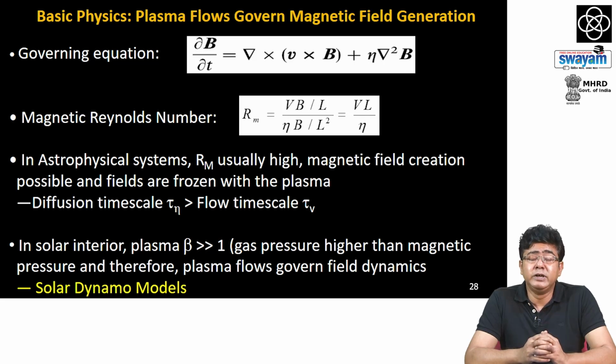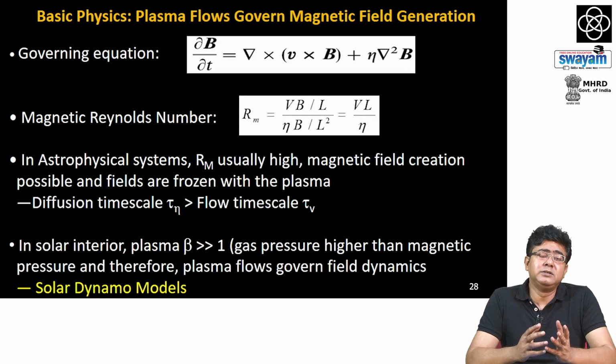As we have already discussed in the last module, when the magnetic Reynolds number in the system is high, the source term, which is the curl of v cross B, dominates over the dissipative term, which is the eta del squared B term. This implies that creation of magnetic field is possible, and whatever fields are created are sustained against dissipation by the fluid flows, characterized by the velocity v in the induction equation.